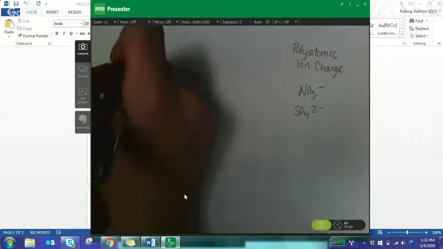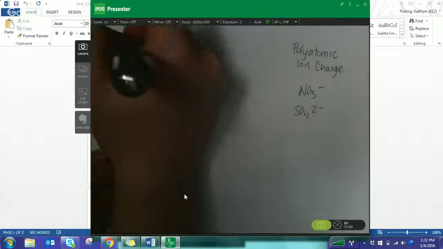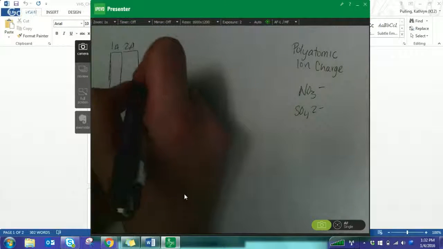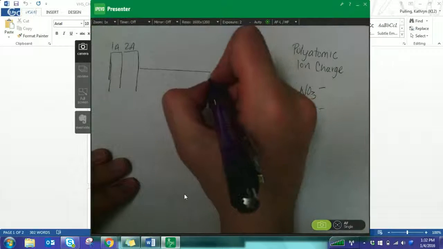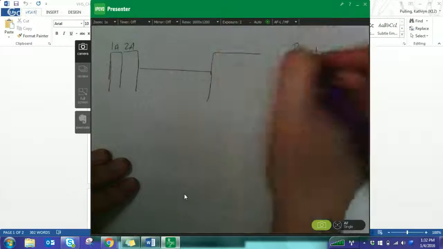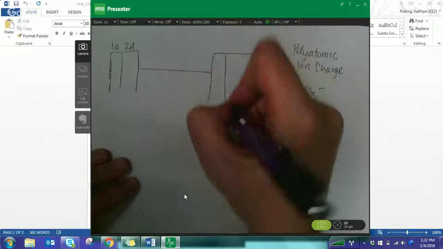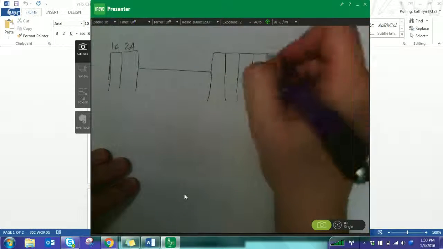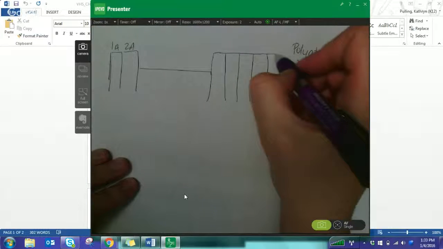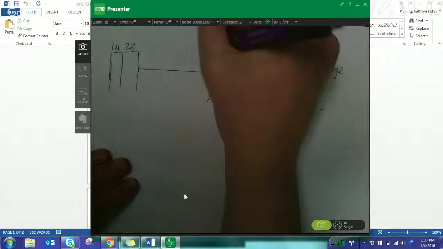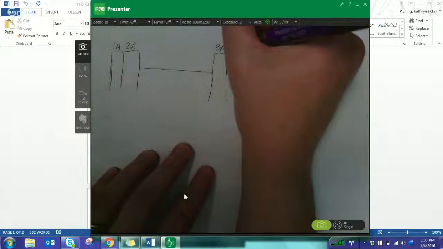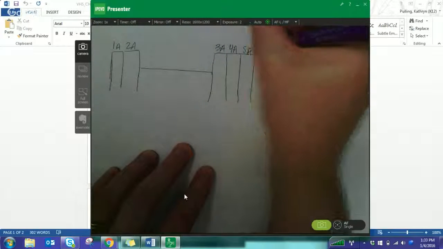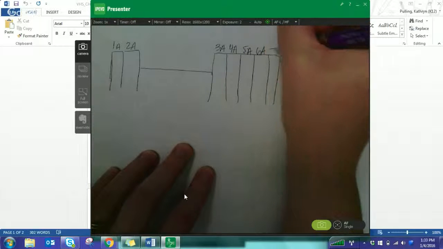So, we have our 1A, 2A, our transition metals that make all sorts of funky ions, 1, 2, 3, 4, 5, 6. Transition metals make all sorts of strange ions, but our A groups have a pattern that we can follow.